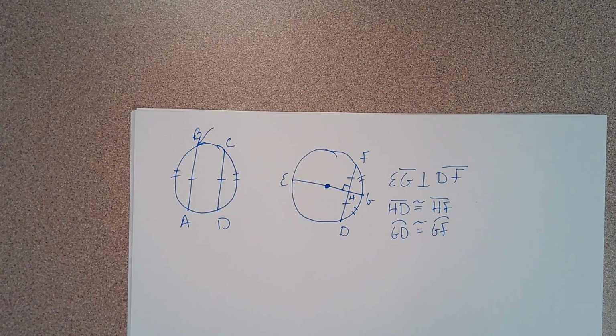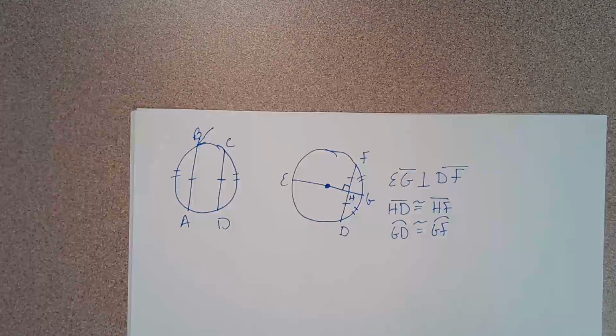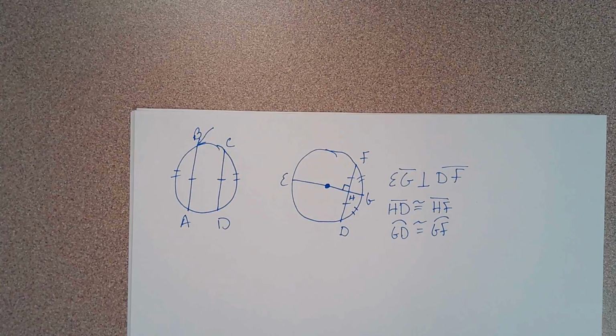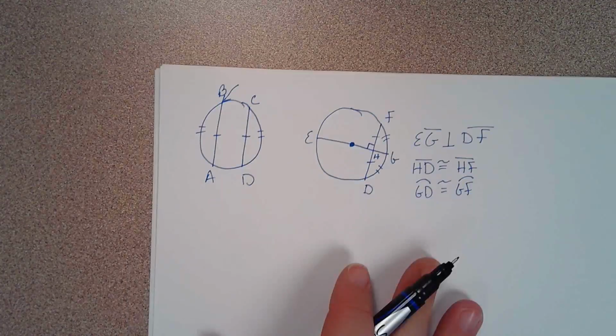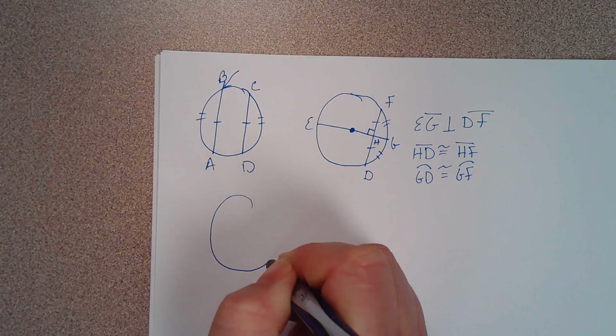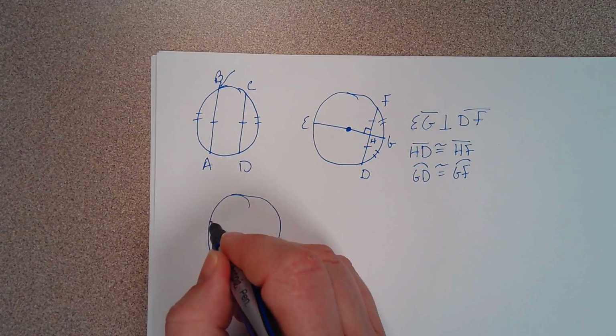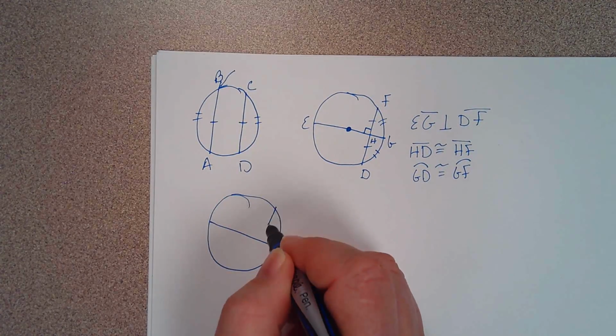All right, and then theorem 10.8, the perpendicular chord bisector converse. The converse is stating the opposite. If I am told that one of the chords of a circle is a perpendicular bisector of another chord, then the first chord is the diameter. So let's say I have my circle here, and this is cut here, and this is cut here, and this right here is a right angle.